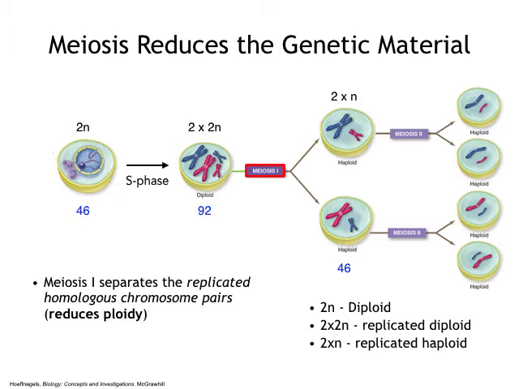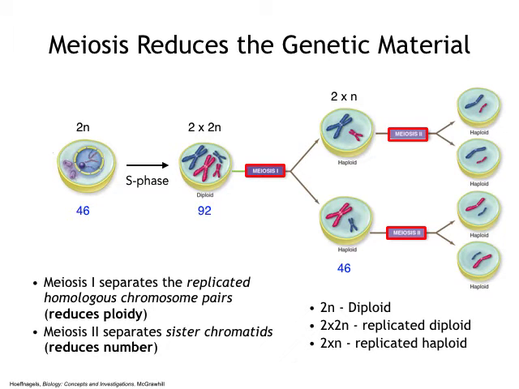So meiosis 1 reduces ploidy from 2N to N. Meiosis 2 separates sister chromatids, which reduces the chromosome number. So you go from 2 times N to N, from 46 chromosomes to 23. And that's how you end up with 23 chromosomes.